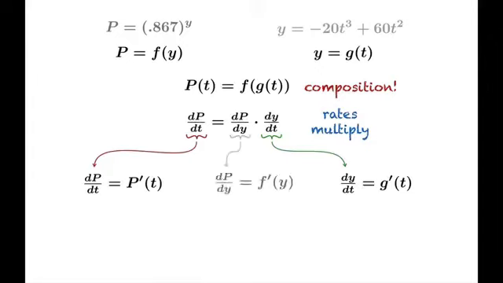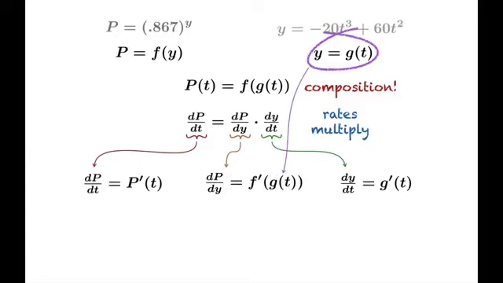And of course, dp/dy could be written as f prime of y. But you'll notice one of these things doesn't belong. We've got the left and right hand functions expressed as functions of t, and the middle function expressed as a function of y. But we can fix this because y equals g of t. So if we substitute that in, we get dp/dy equals f prime of g of t.